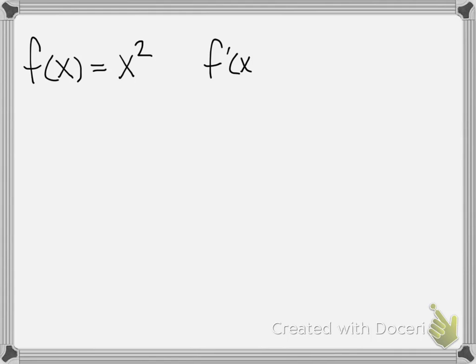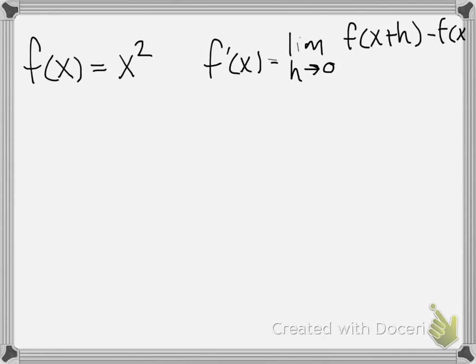F prime of x is equal to the limit as h goes to 0 of f of x plus h minus f of x all over h.